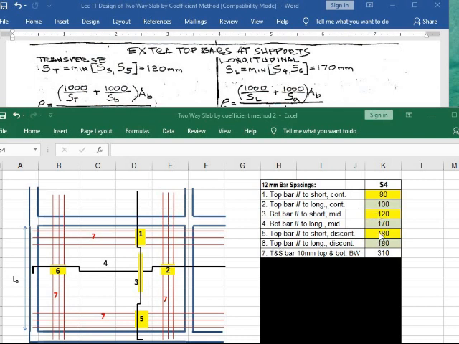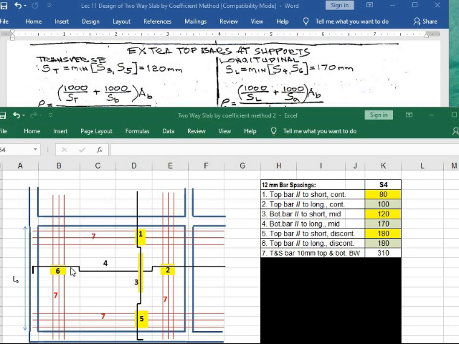We call that S sub T. So, T stands for transverse and L stands for longitudinal.